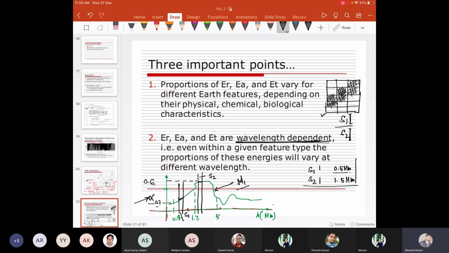But the energy sensed by S2, there are other parameters also. In case of S2, the wavelength is higher than S1, lambda 2 and lambda 1, let's say. So lambda 2 is more than lambda 1. There is also a factor that at a higher wavelength, the photon energy will be less compared to lower wavelength.